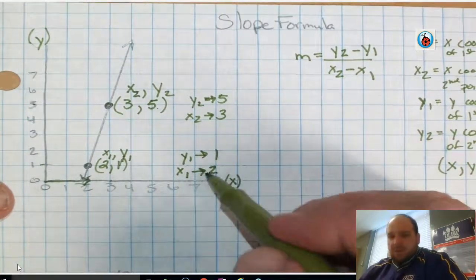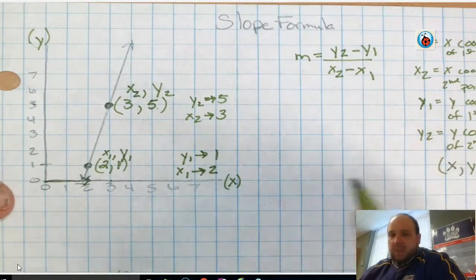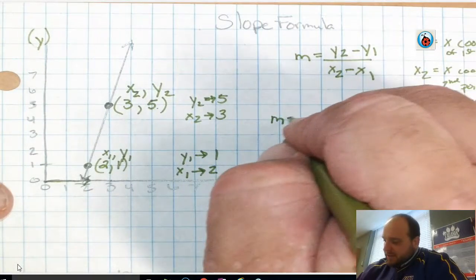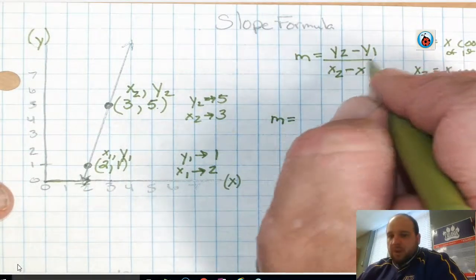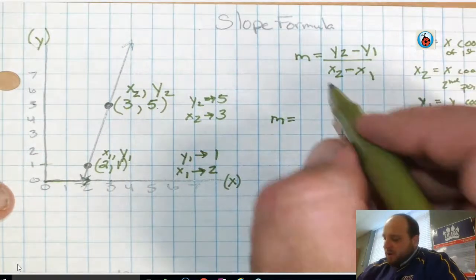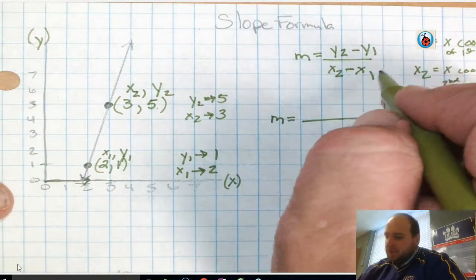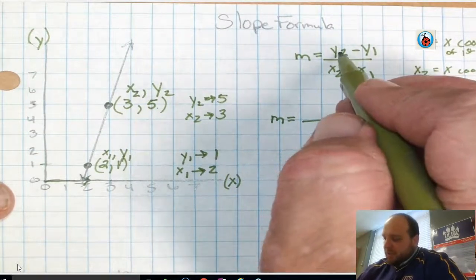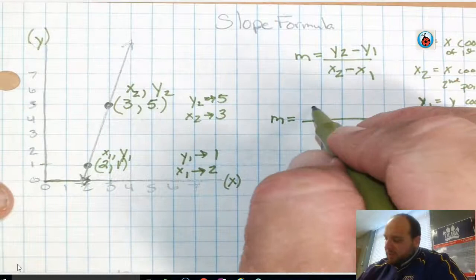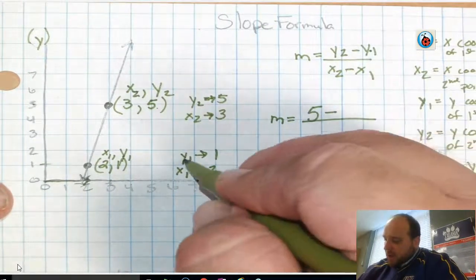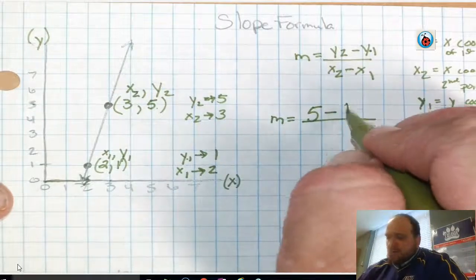Okay? So I'm going to substitute that in for this slope formula, so that I know that slope m is equal to y2 minus y1 over x2 minus x1. So what I'm going to do is substitute numbers in for y2, y1, x2, and x1. First thing is I'm going to start with y2. y2 was 5, so I'm going to put 5 minus the y1 coordinate. y1 was 1, so I'm going to do 1.